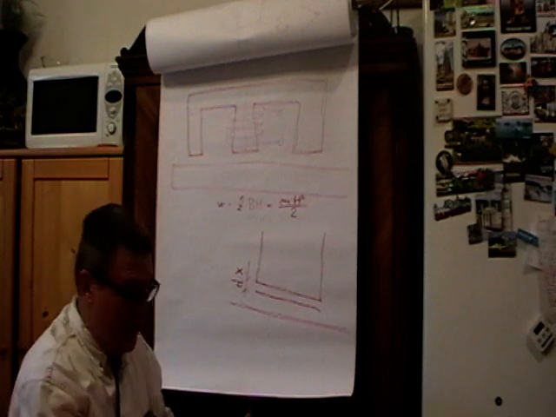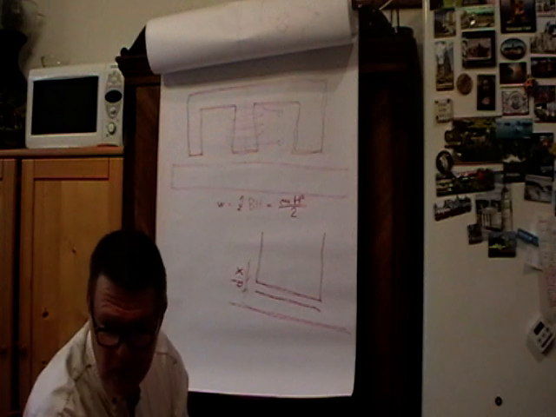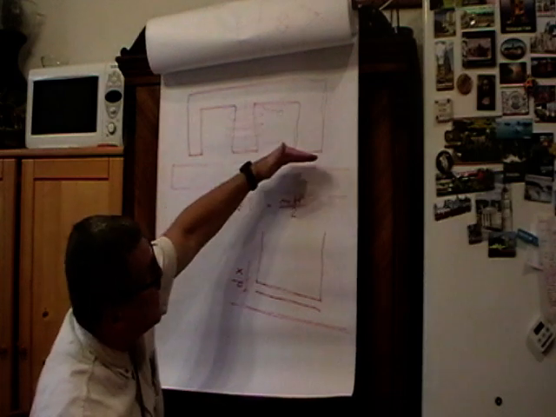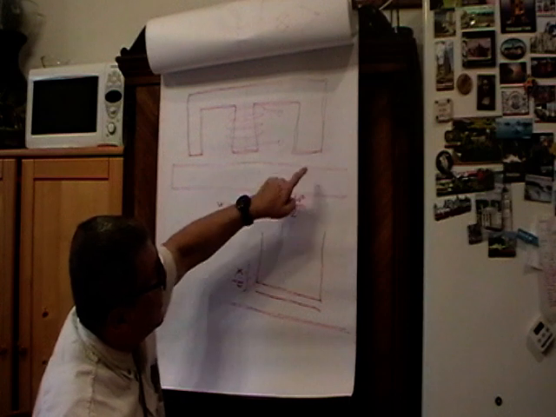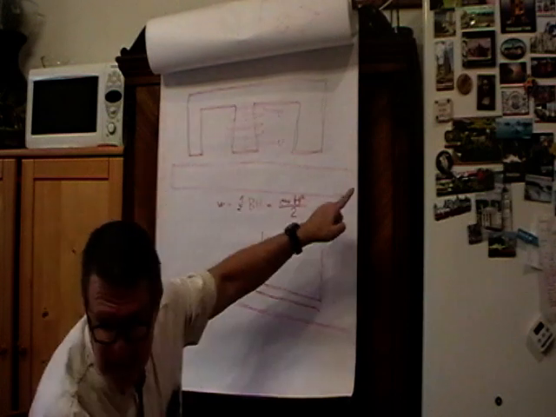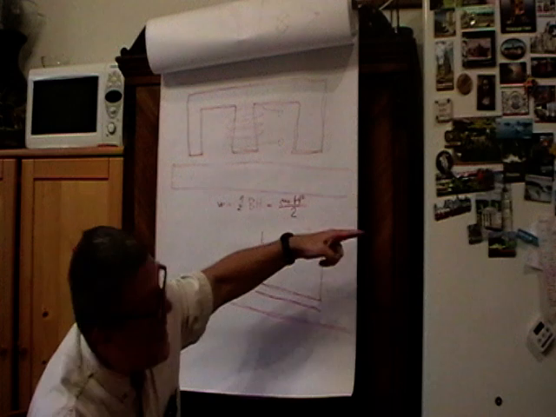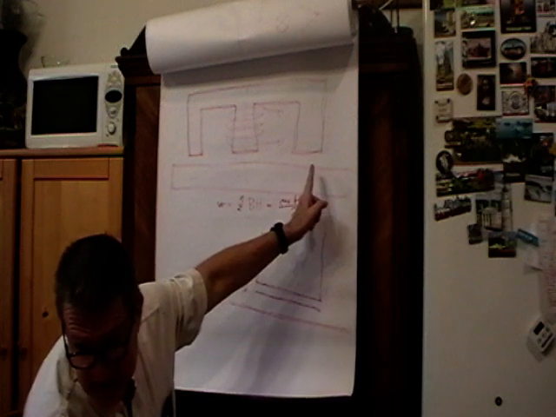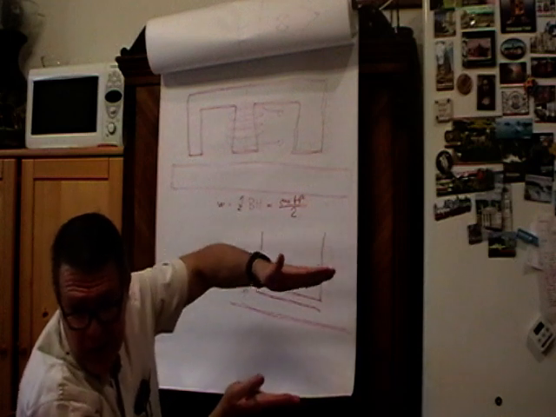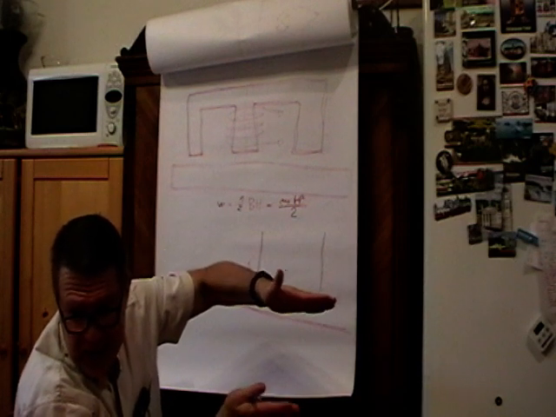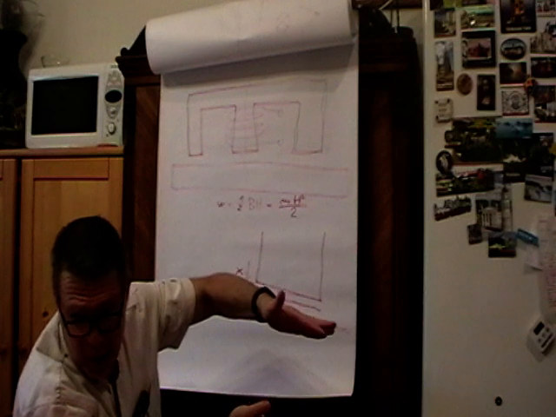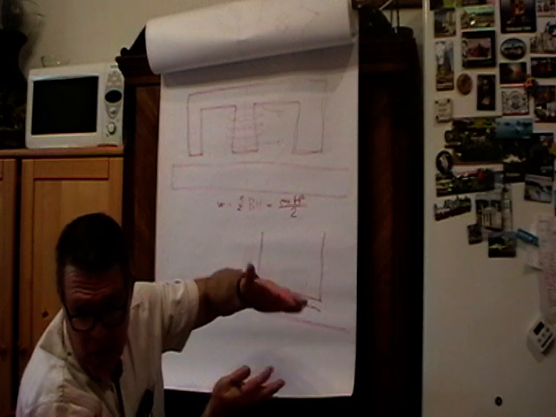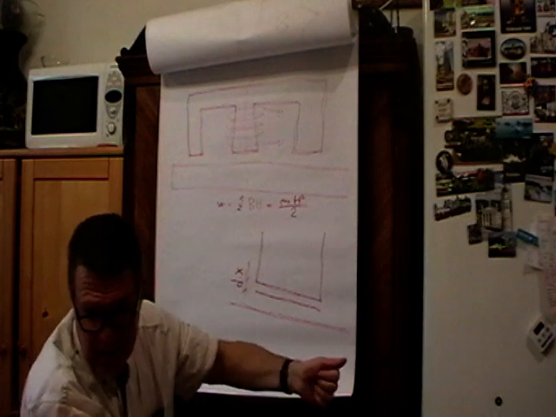Now why do we do only a differential movement? Because if we move a lot, then the reluctance of the total circuit would decrease and the magnetic flux in the air gap would increase. But if we make only a differential movement, then we can count on the rest of the circuit being intact.